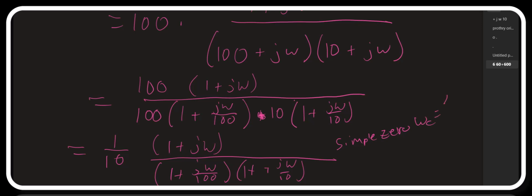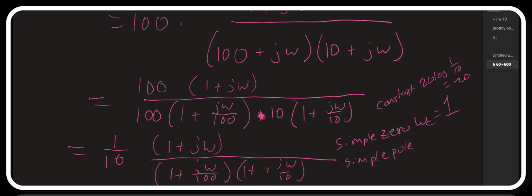It's 1. And then 1 over 10 gives you a constant, and it is going to be negative 20. It's 20 log 1/10, which will give us negative 20.